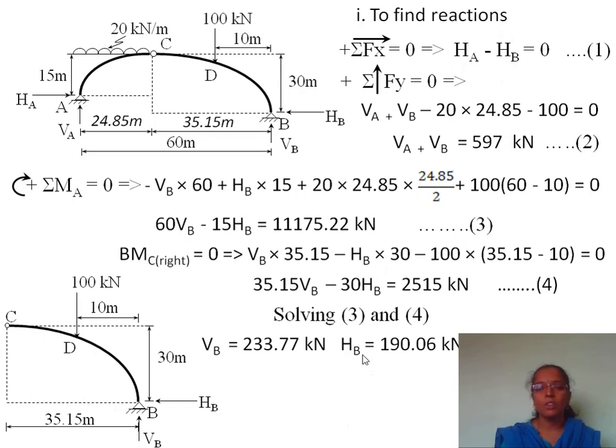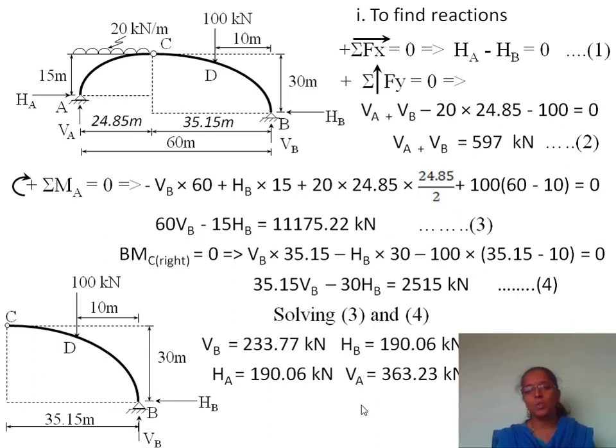From equation 1, HA is equal to HB, so HA is also equal to 190.06. From equation 2, VA plus VB is equal to 597. If you substitute the value of VB as 233.77, you will get VA as 363.23 kilonewton. So that is the calculation of reactive components.